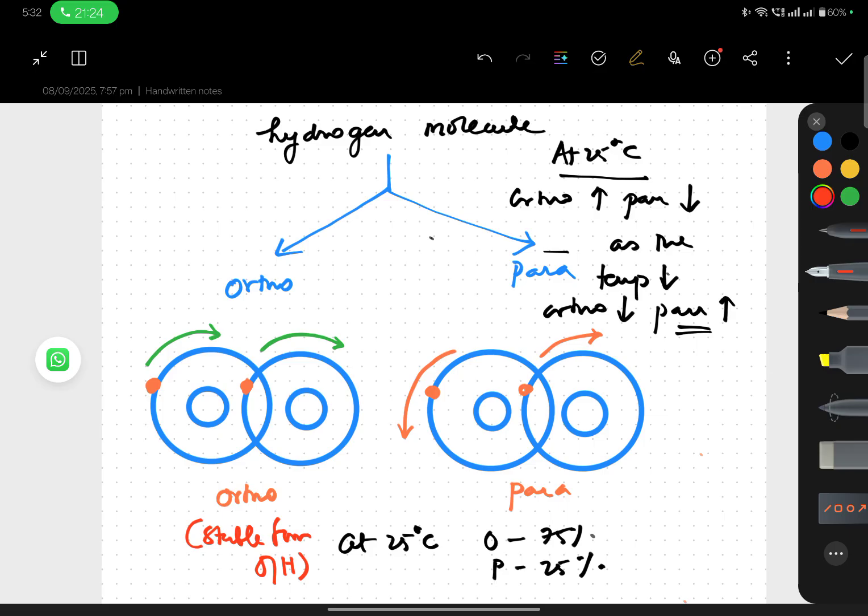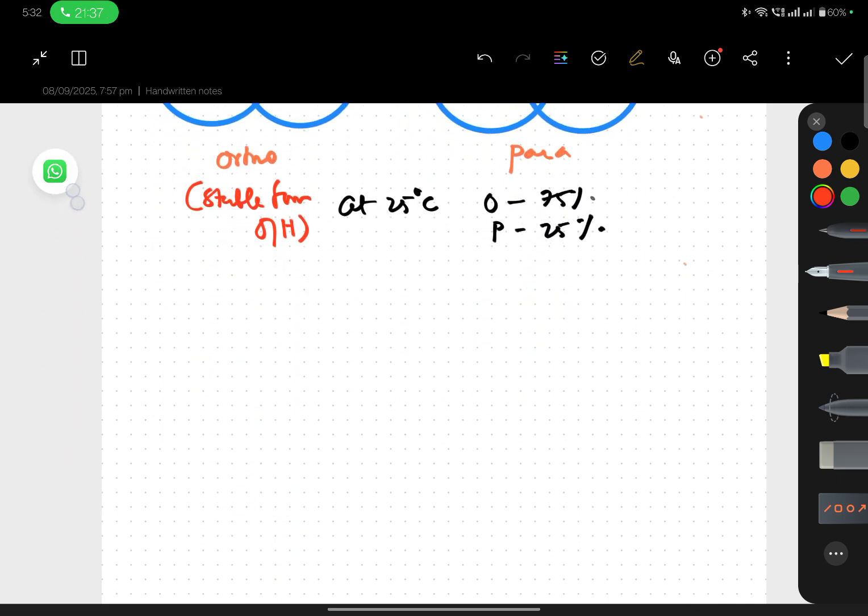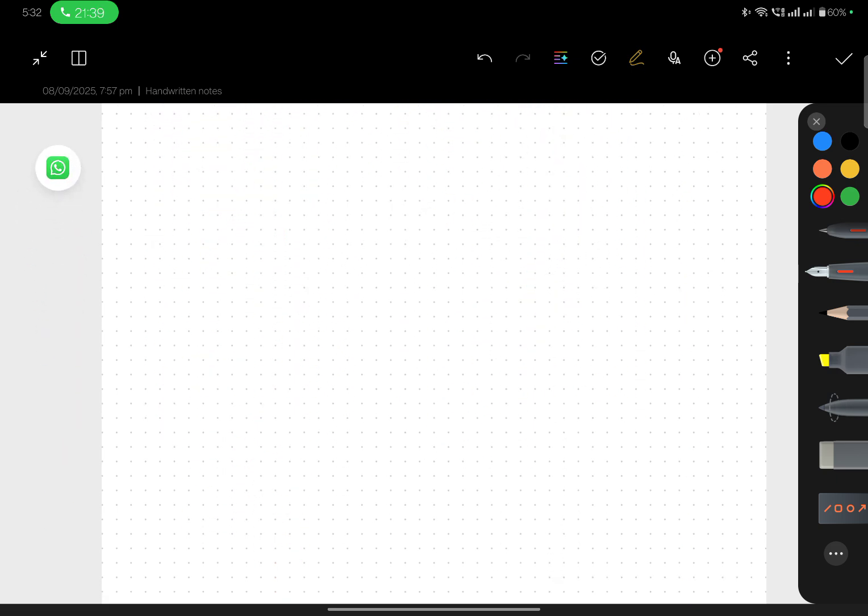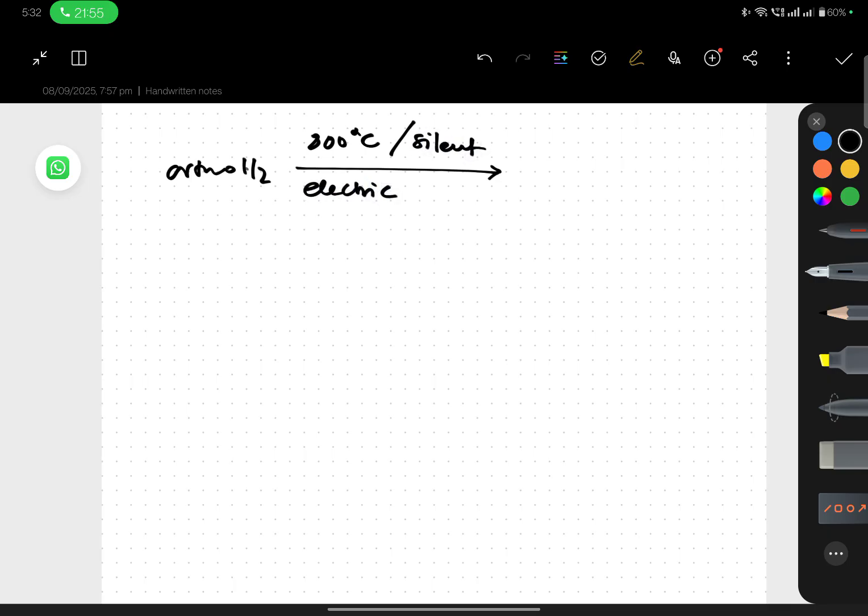Right. So how do you prepare para from orthohydrogen? Write down. So you take orthohydrogen and you either heat it to 800 degrees centigrade or give silent electric discharge. You will get parahydrogen.